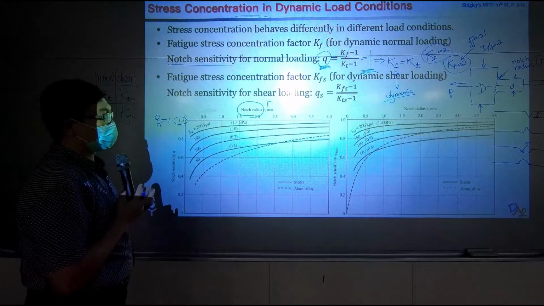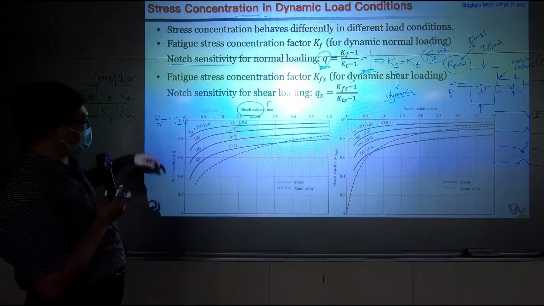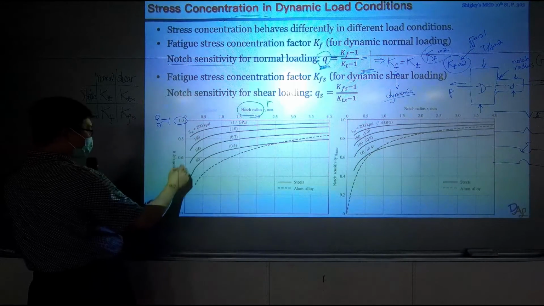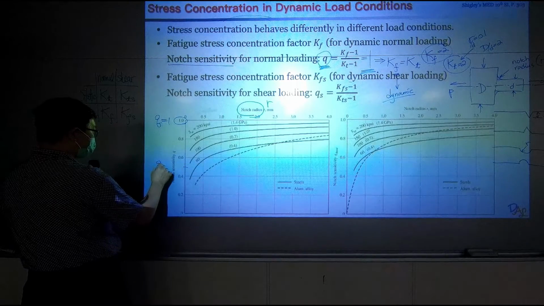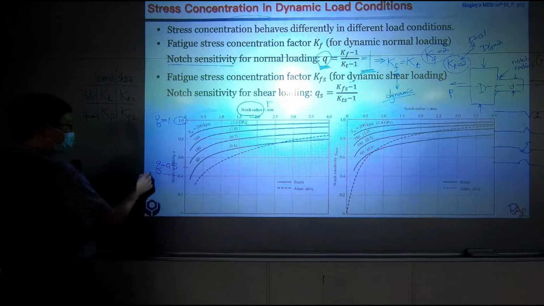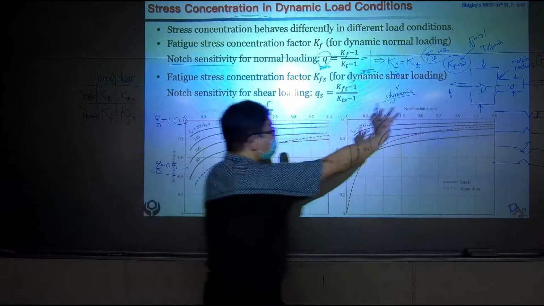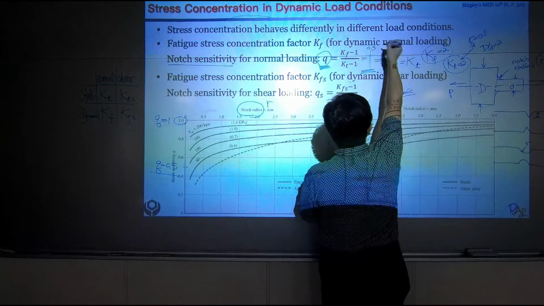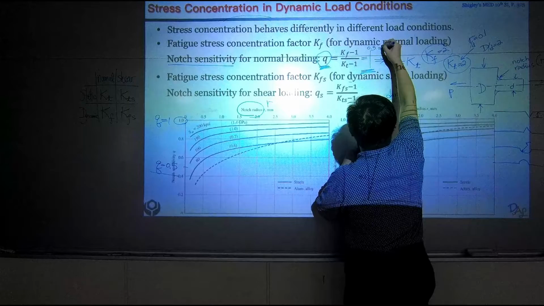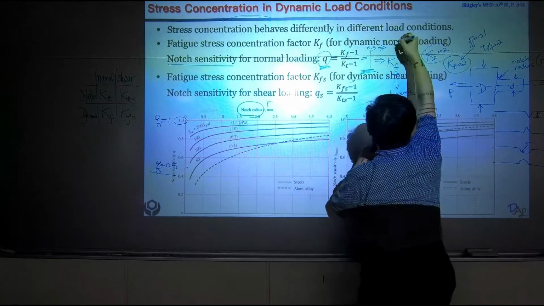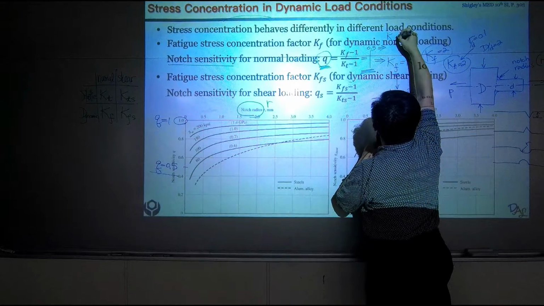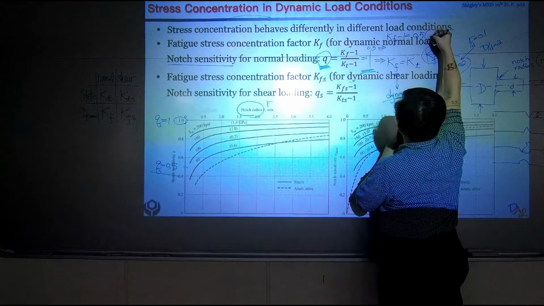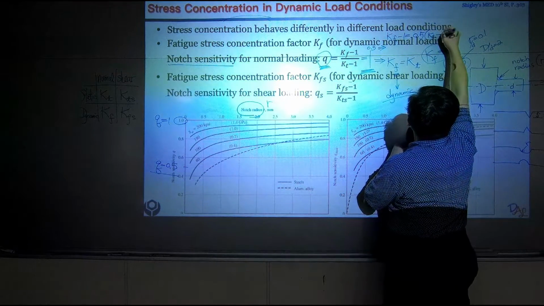Okay, but how about another extreme case where we have a lower sensitivity? So let's say there's a material that only has Q equals 0.5. If that's the case, if I change the material and I say Q equals 0.5, in that case, you will see Kf minus 1 equals 0.5 times Kt minus 1.